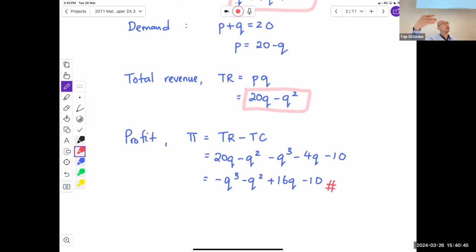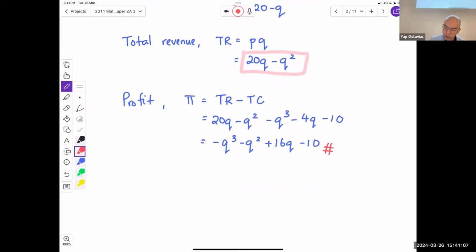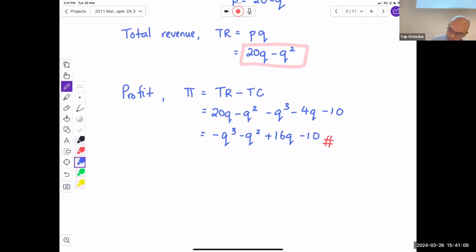So the next part, we're going to use calculus, differentiation, to find the value of Q that maximize the profit. Okay, so the two things you need to do. First, you need to find the stationary point. The next thing you need to show that it really maximizes the profit. So first order derivative, second order derivative. So let's start with first order.